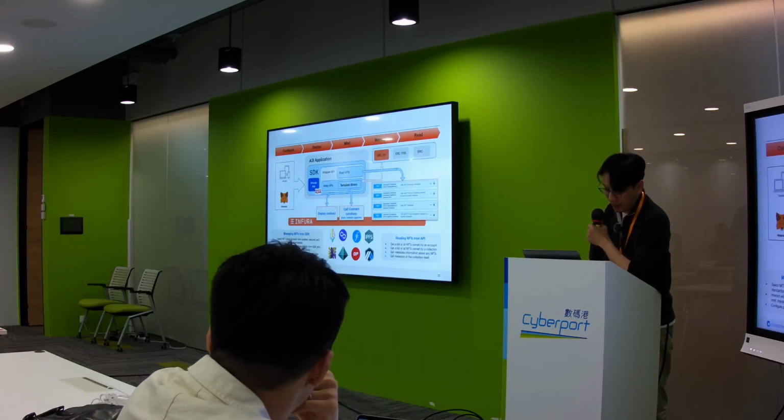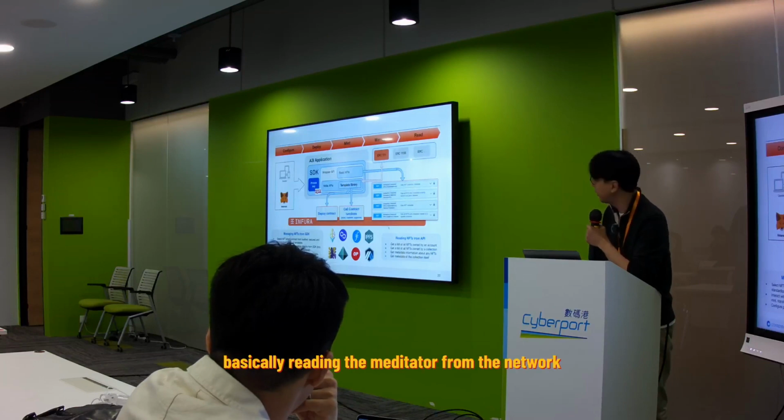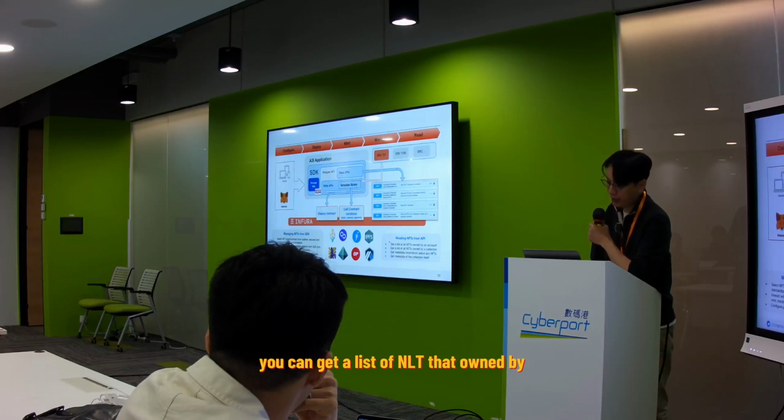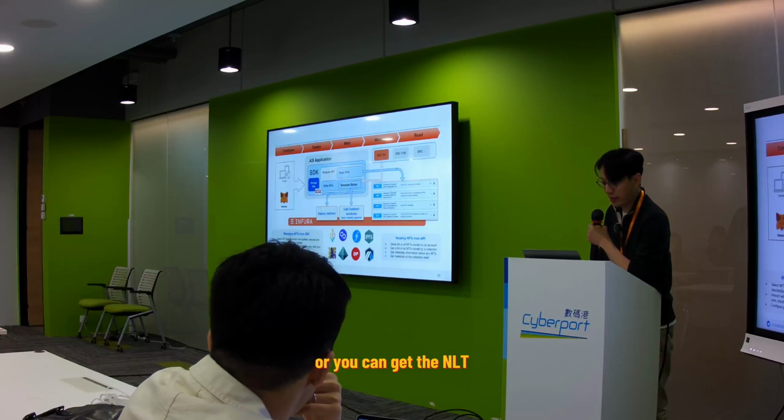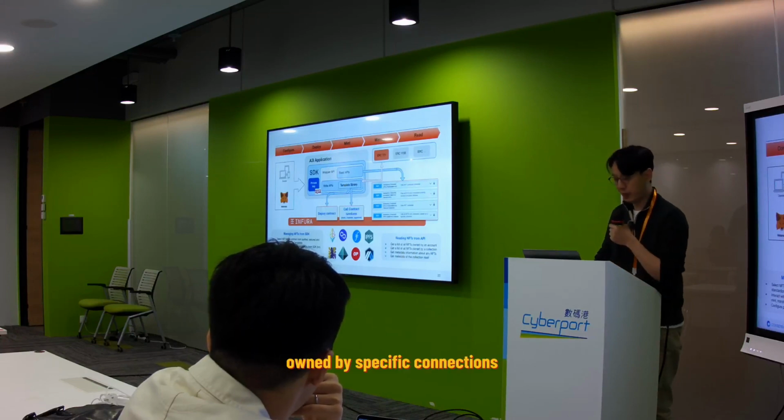And the RESTful API, the NFT API, is basically reading the metadata from the network. So through the API, you can get a list of NFTs owned by a specific account, or get the NFTs owned by specific collections.